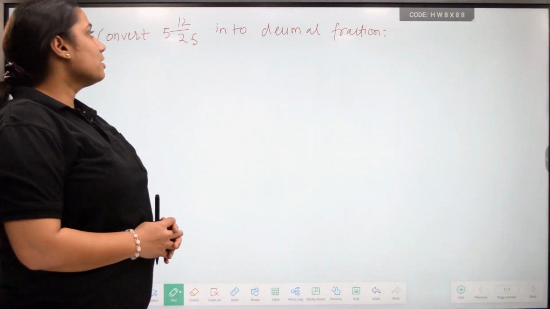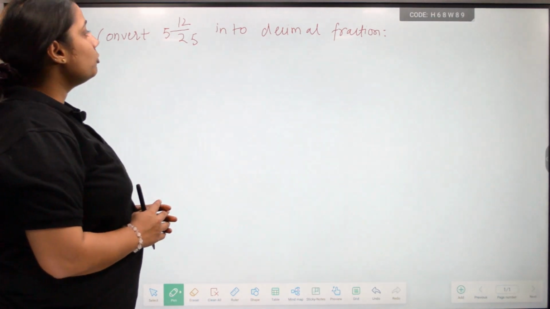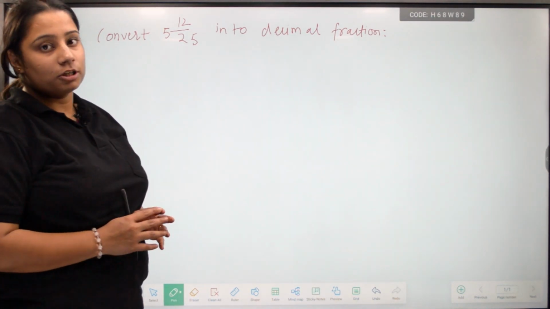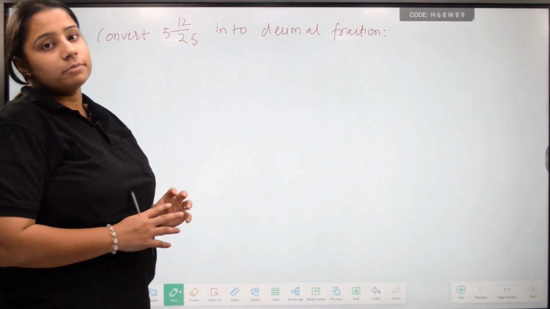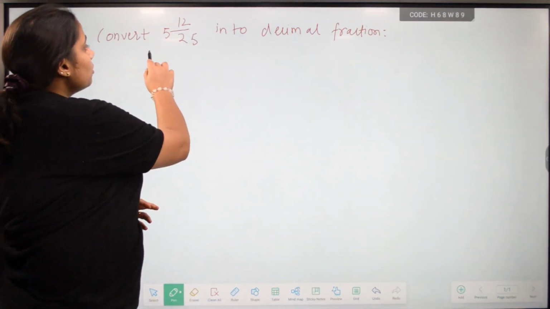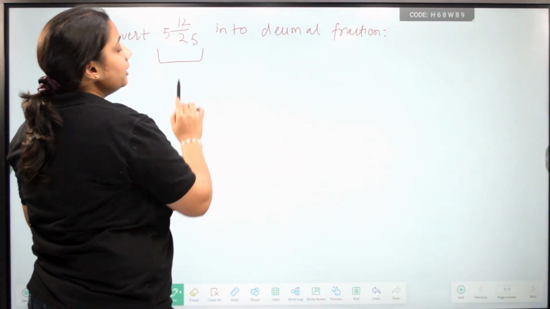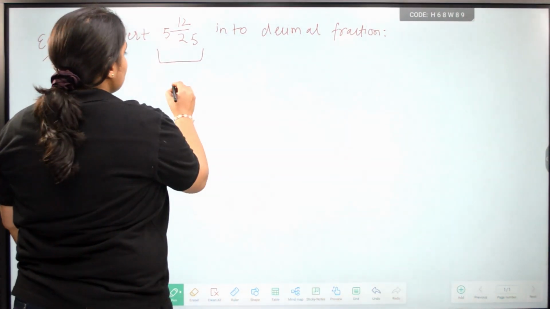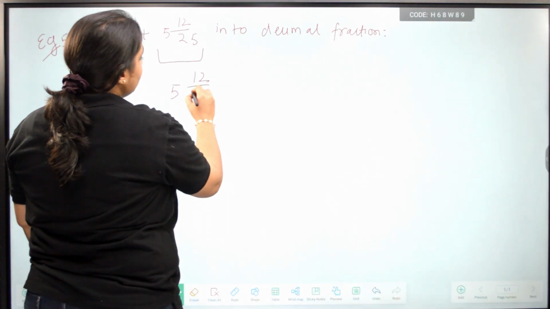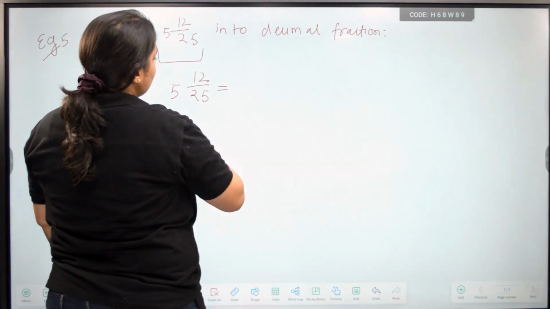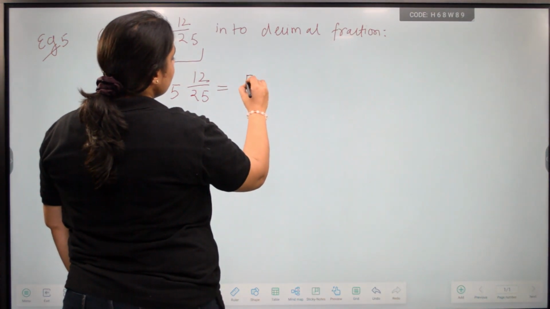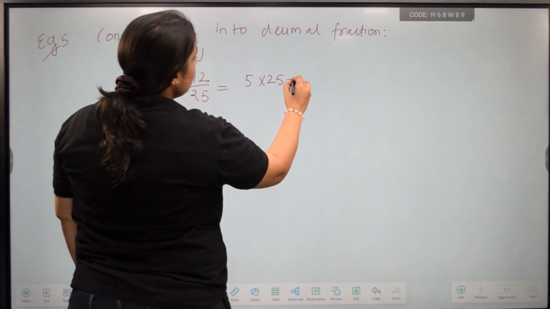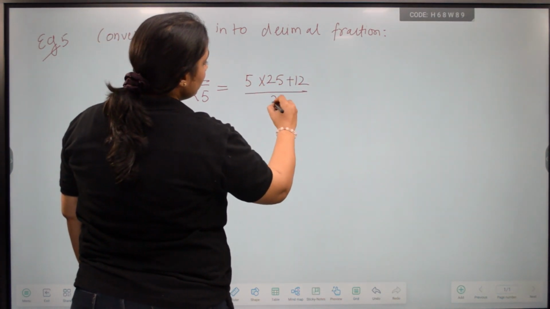Example 5. Convert 5 12 by 25 into a decimal fraction. In order to convert it into a decimal fraction, firstly we need to convert this mixed fraction into an improper fraction. So it can be written as 5 into 25 plus 12 whole divided by 25.